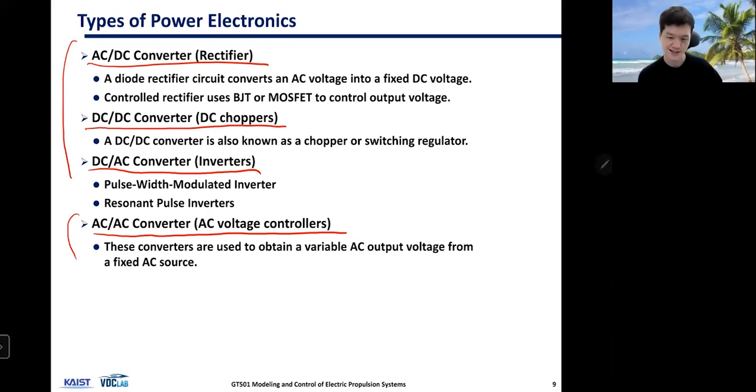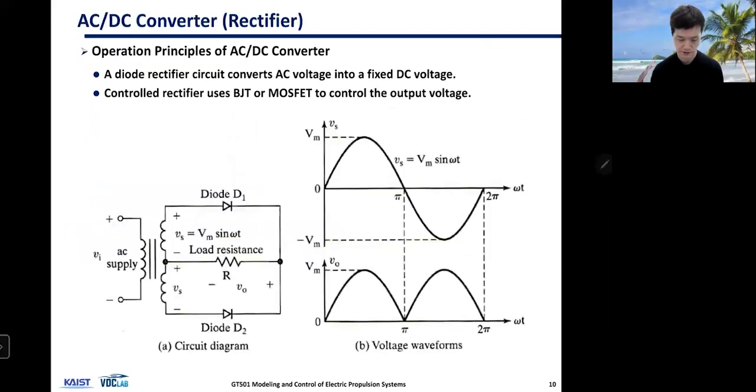But sometimes you do need it when you have to convert directly AC to AC. And usually AC to AC is a combination of these components. Okay. So we will cover the basic operating principles of these 3 components in this lecture.